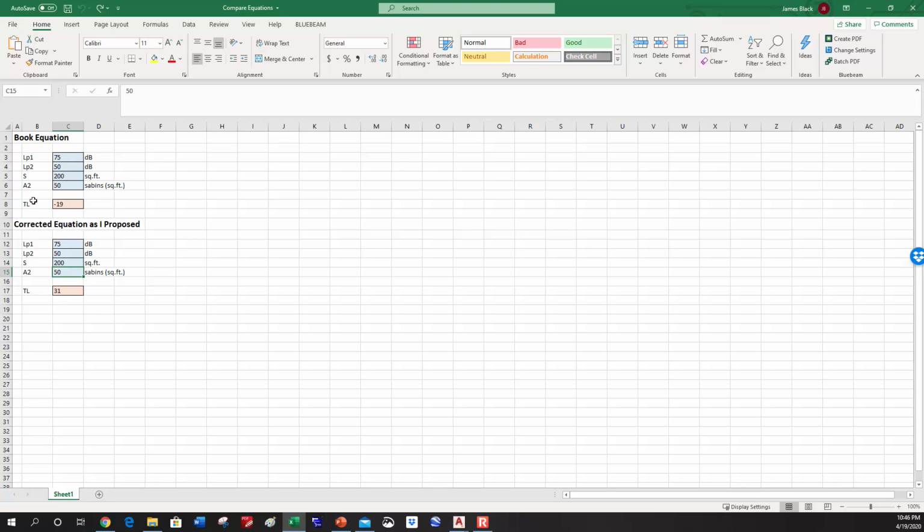It's a transmission loss, so it should be positive. So 75 minus 50, we should be getting something fairly close to 25 for a transmission loss with some adjustments for the square footage and the absorption. The absorption in this case is really low. Like 50 sabins is a pretty low number, even for a small space, unless it's like a racquetball court.